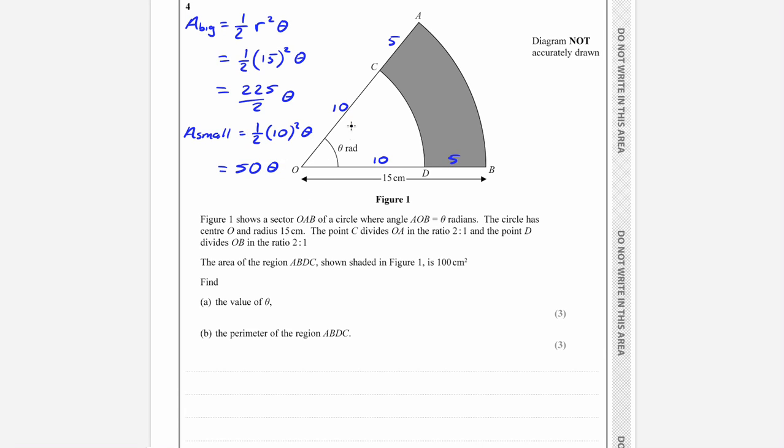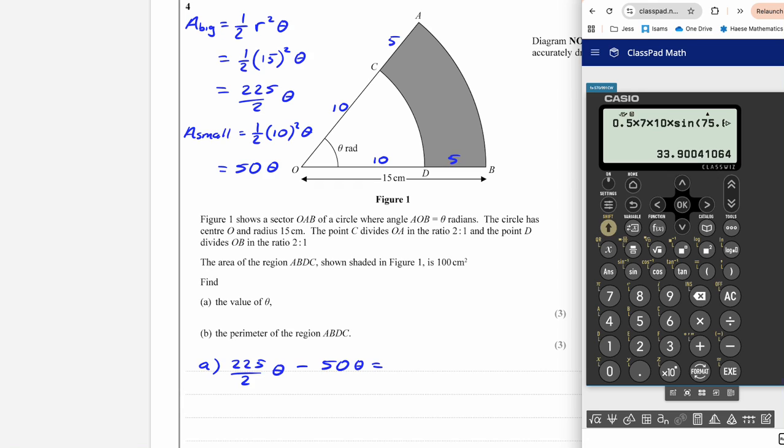Now we know that the shaded area is this minus this, so 225 over 2 theta minus 50 theta equals, that I'll do with the calculator so I don't mess up. 225 over 2 minus 50, essentially, which is 125 over 2. Let's write this as a decimal. This is 62.5 theta.